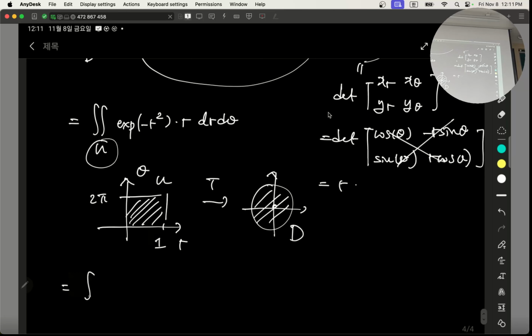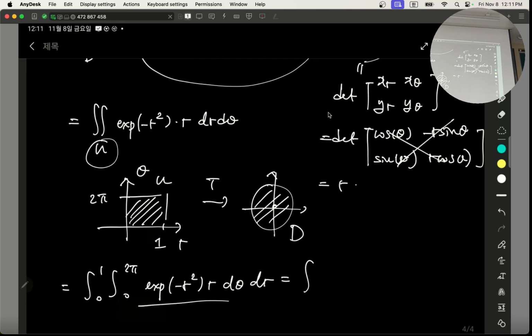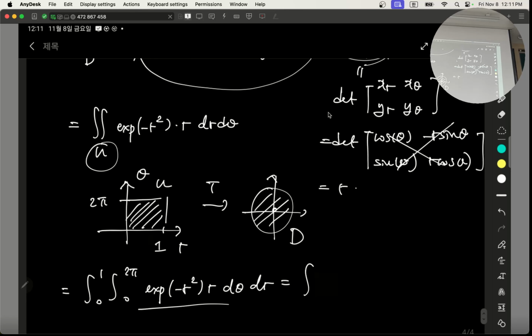So you can simply take 0 to 1 and 0 to 2 pi, whichever order you want, integrating theta first, then r. Since there is no theta, the function of r is considered a constant when you take the iterated integral over theta first.